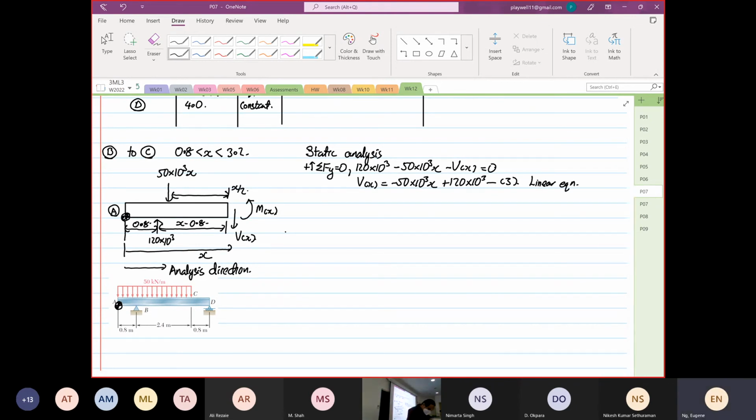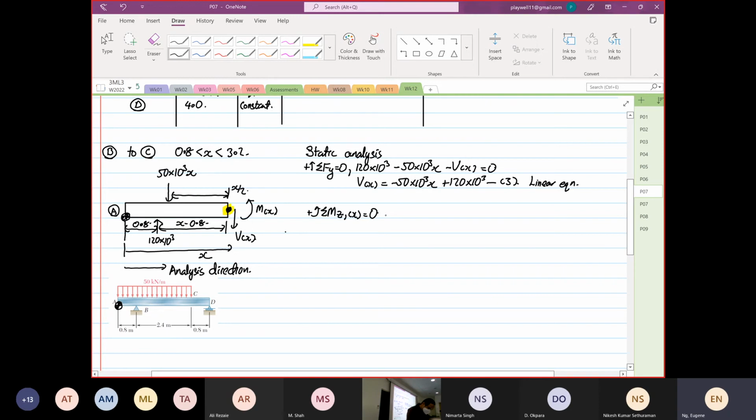So next one, we're going to do some moment in the z direction at the variable x is equal to 0. So this dot where I draw and highlight is where we are taking our moment. So over here we have the 120 is going in a clockwise direction.